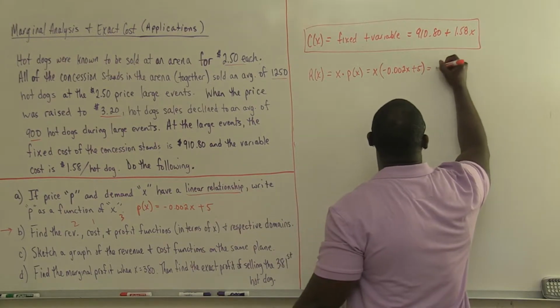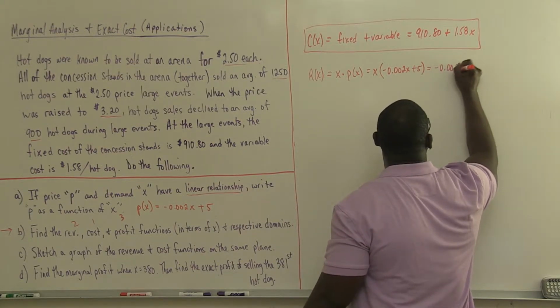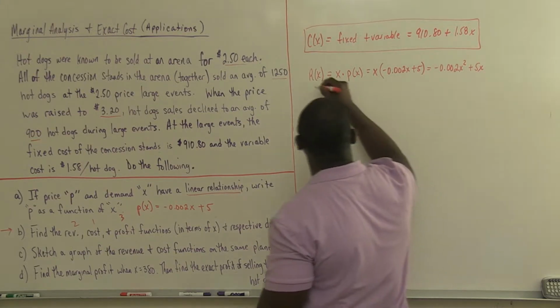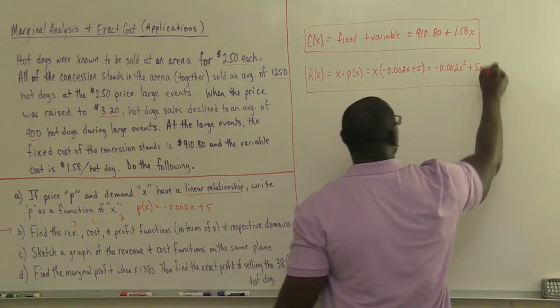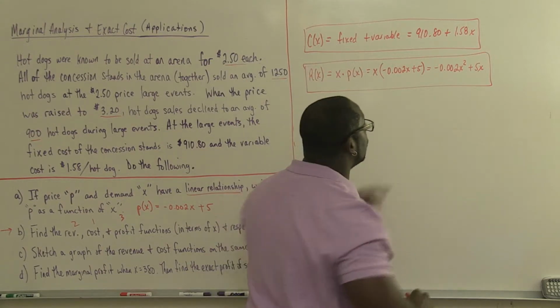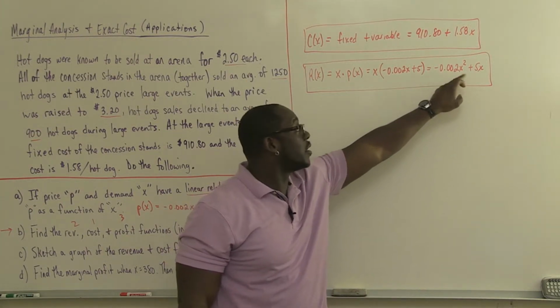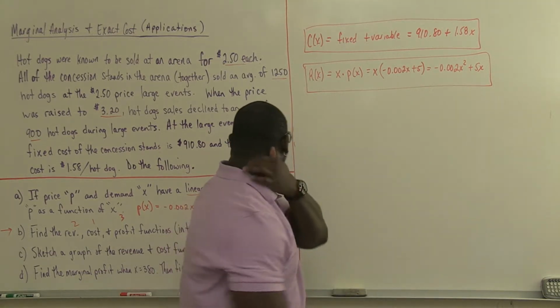And so if we do that, we get this quadratic function. So our revenue function will be just negative 0.002x squared plus 5x, okay?